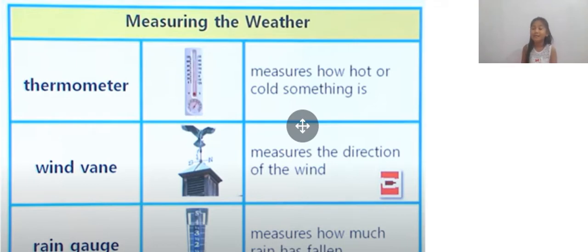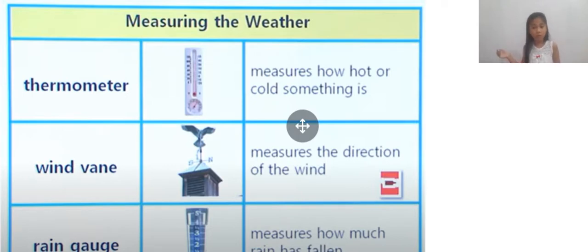So now let's see tools that we use to measure the weather. Let's measure objects. Here we have the first one. What is it? Do you know what it is? It is a thermometer. A thermometer measures how hot or cold something is, like the weather, right? You can know the Fahrenheit or the Celsius of the weather now.